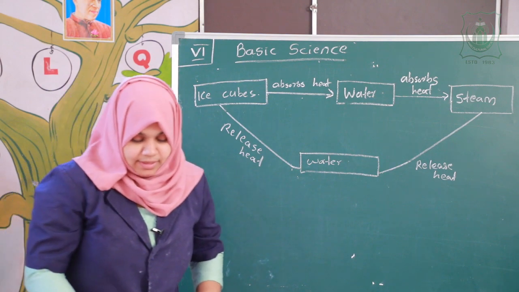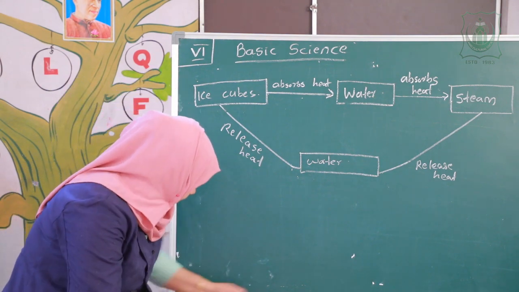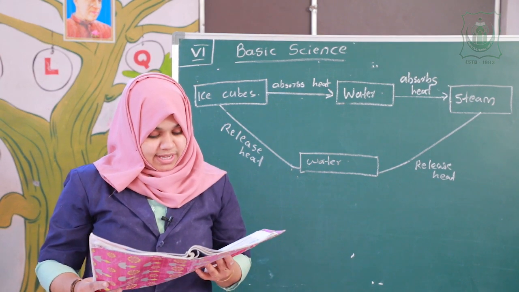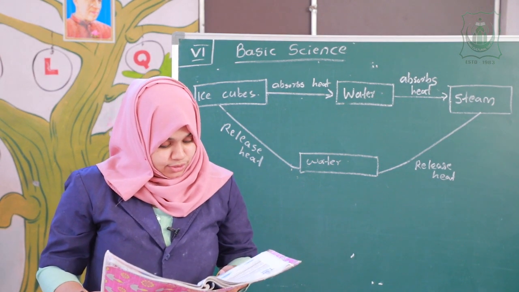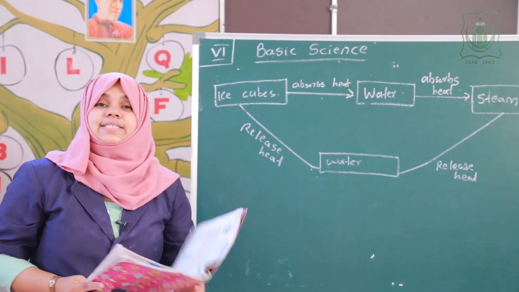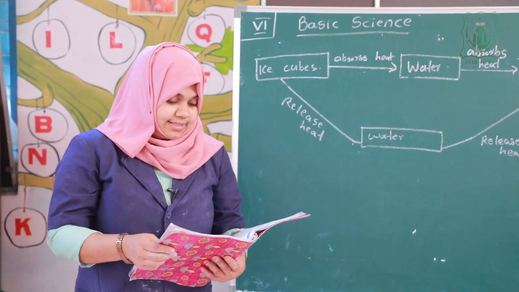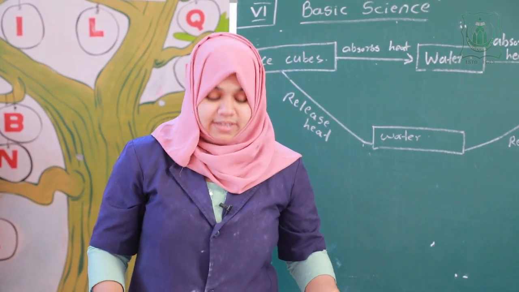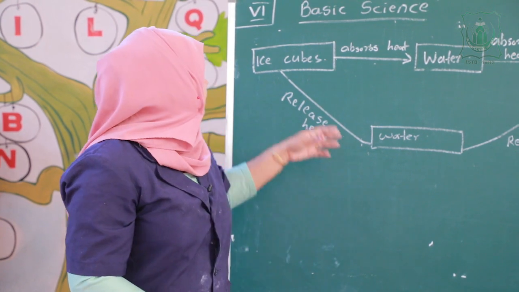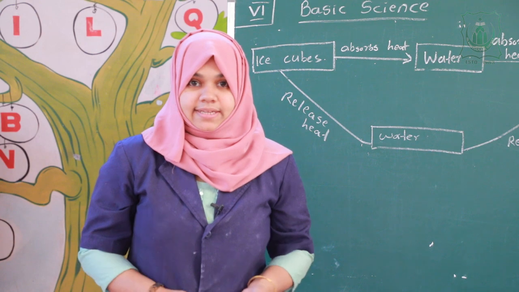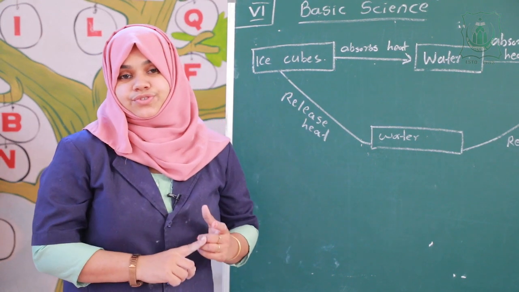Okay. About that, there is a question. Is energy absorbed or released when steam is changed into water and then into ice? Released or absorbed? Yes, it releases heat. Then second question: which among the three states has the maximum amount of energy? What are the three states here? Yes, gaseous state, liquid state and solid state.